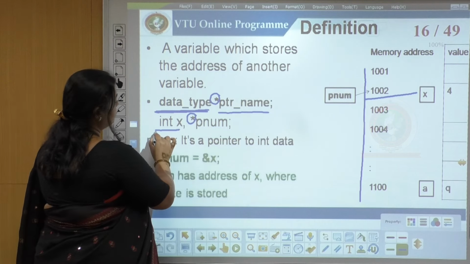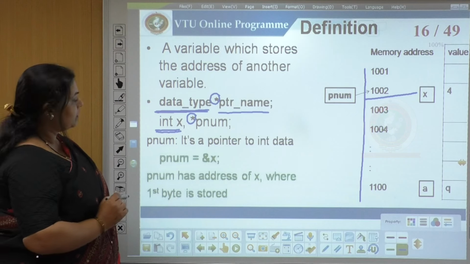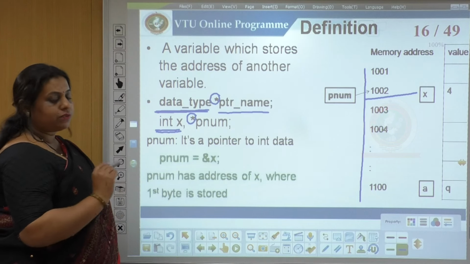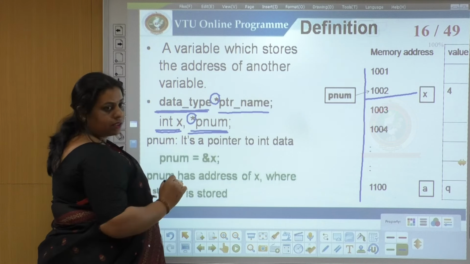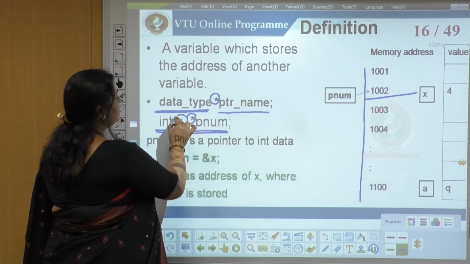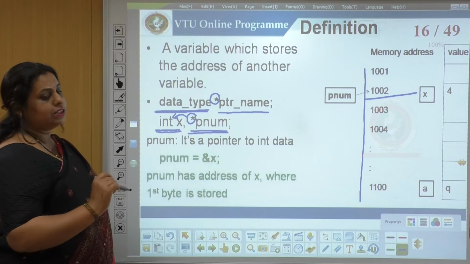Look here, integer x is a normal variable, x is a variable which can store an integer value. Now what is this pnum? Pnum is a pointer which can point to integer data. It is capable of pointing to only integer data.